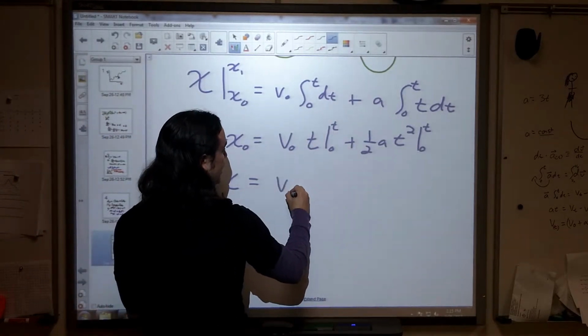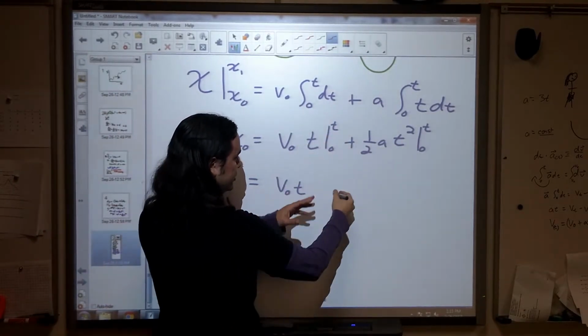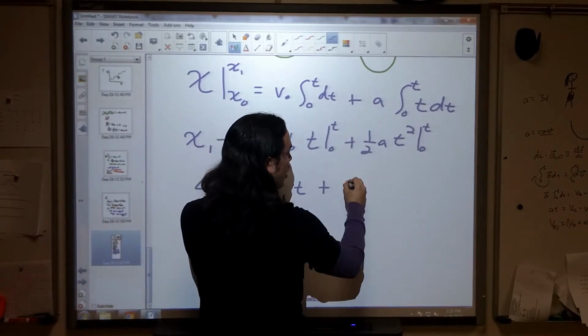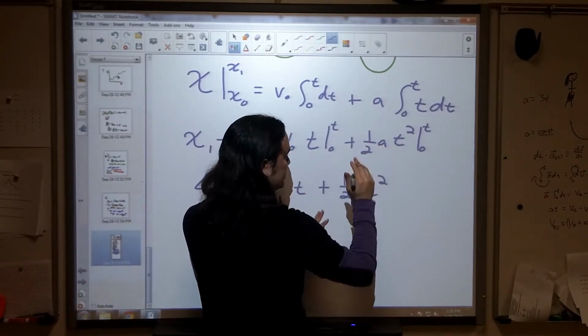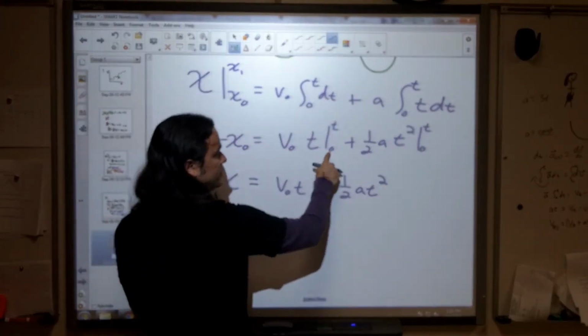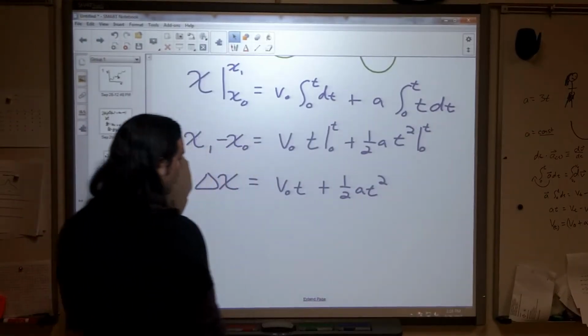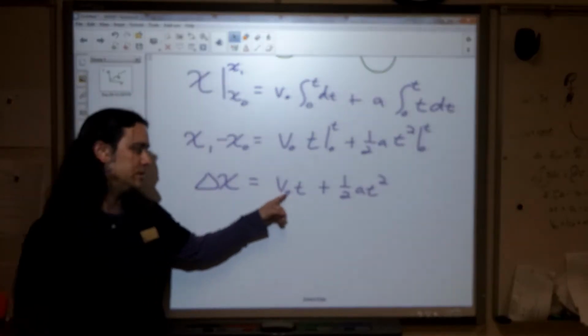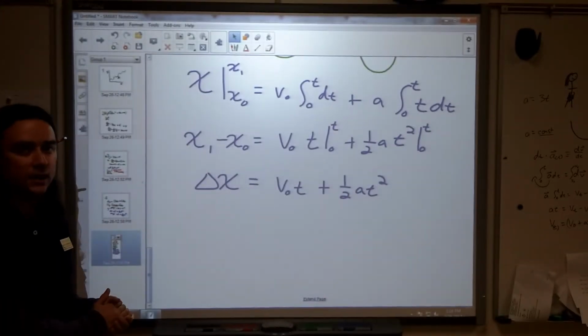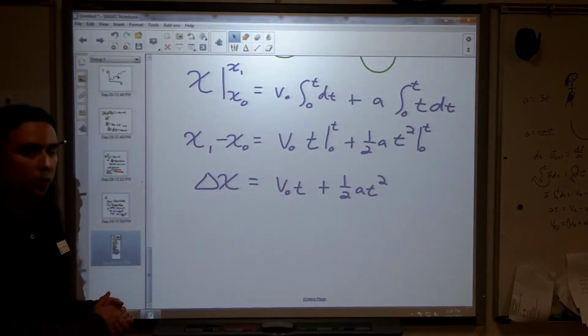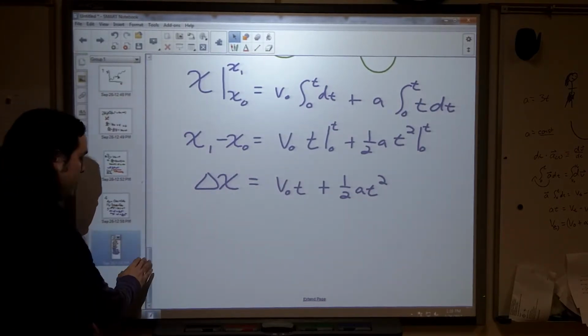All right, v naught times t minus 0 plus 1/2 a t squared minus 1/2 a 0 squared. The other terms disappear because of these zeros. We end up with delta x equals our initial velocity times time plus 1/2 a t squared. Here is the second equation on your equation sheet.